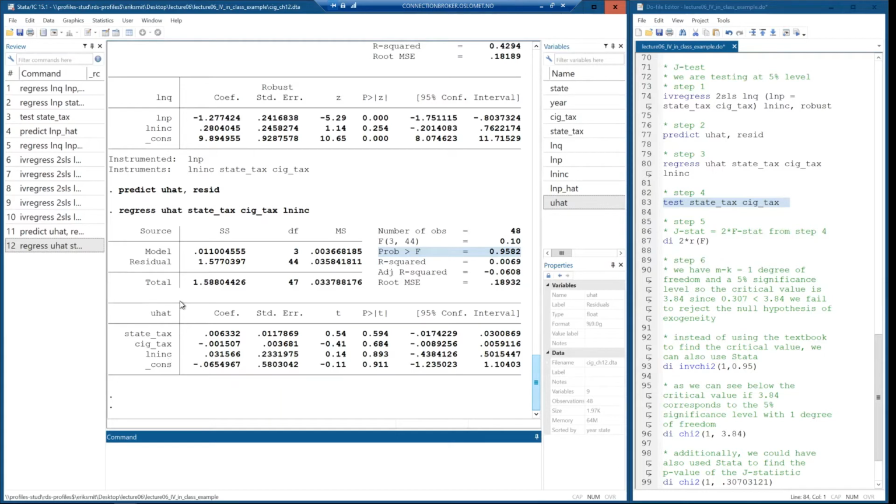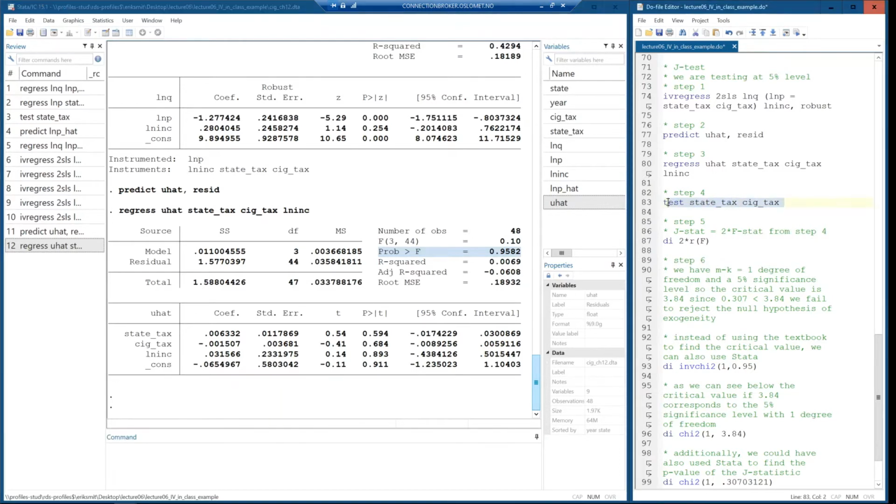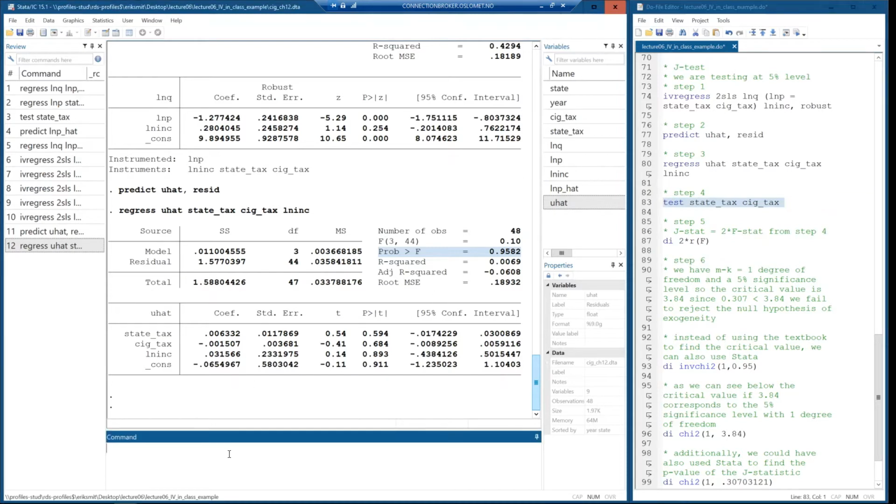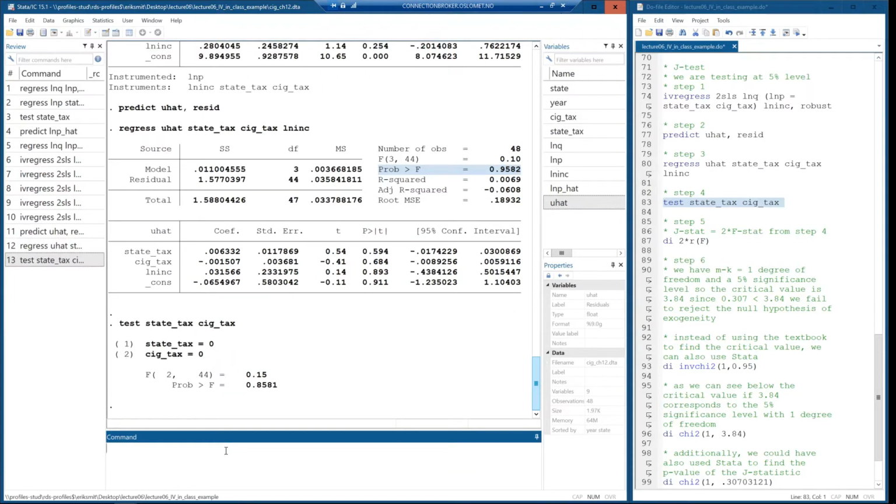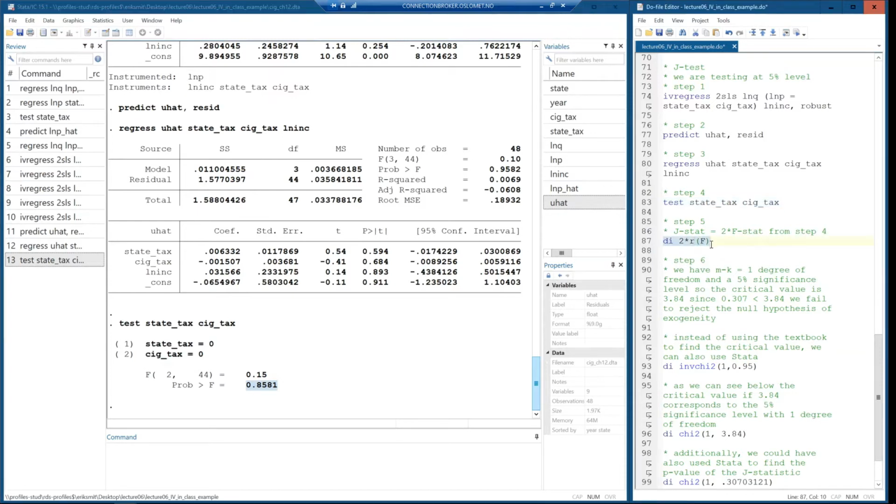This is a joint test of these, where the null is of these being equal to 0 jointly, and we get an f value, and the probability of getting this result, or more extreme, is 85%. And the fifth step is to calculate the J-stat.